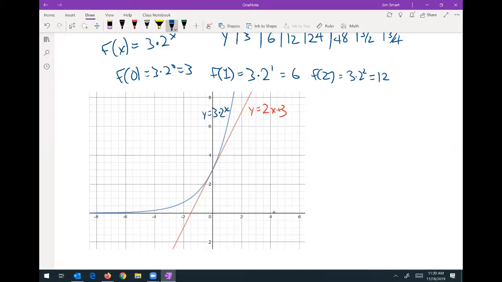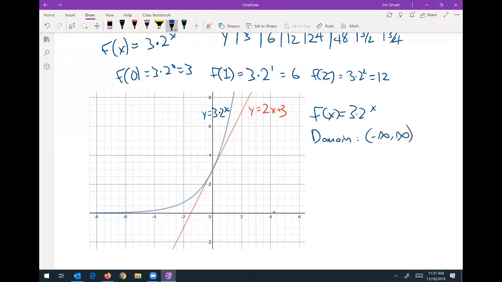So we see the exponential function on the left. If you keep dividing by 2, you'll get closer and closer to 0. But dividing by 2 would never make it negative, so it has a horizontal asymptote on the x-axis. So for f of x equals 3 times 2 to the x, we can see the domain. You can use any number as an exponent, so the domain is all real numbers, negative infinity to infinity.